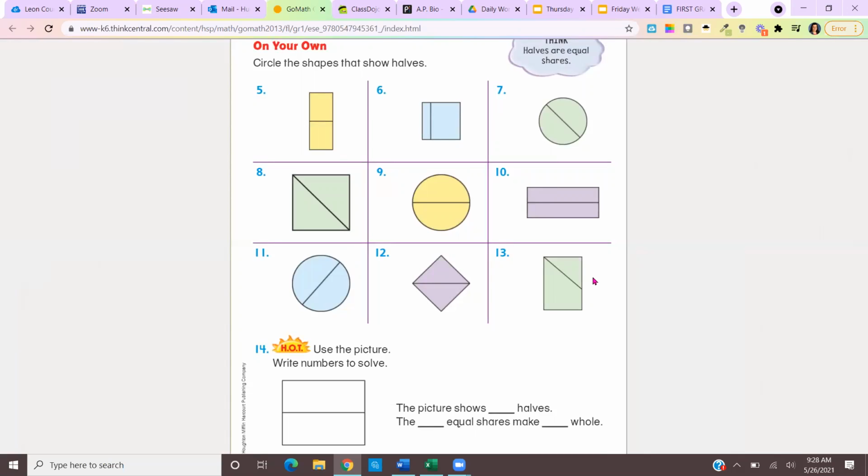On number 14, it says the picture shows blank halves. The blank equal shares make blank whole. So you'll write numbers there, okay? I'll give you about 3 minutes because that shouldn't take as long, and then we'll come back together.